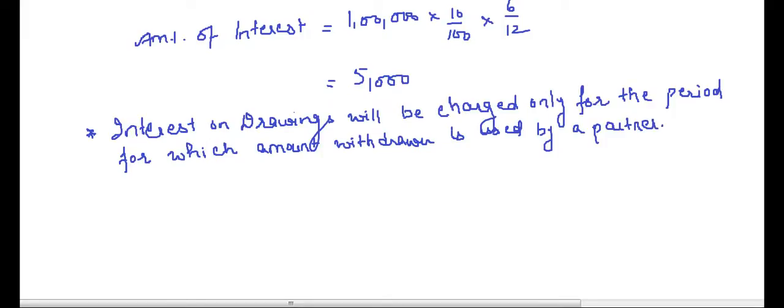What it means is that if a partner is withdrawing money and using it for the whole year, then we will charge interest for the whole year. But if the partner is withdrawing money and using it for a part of the year, say for 6 months, then we can't charge him for the whole year.